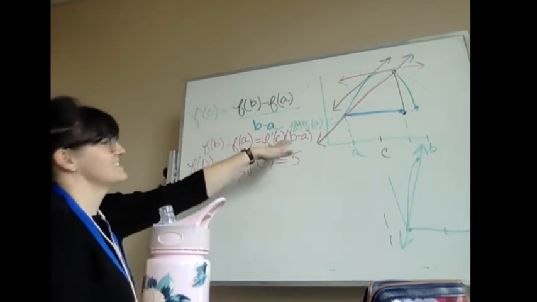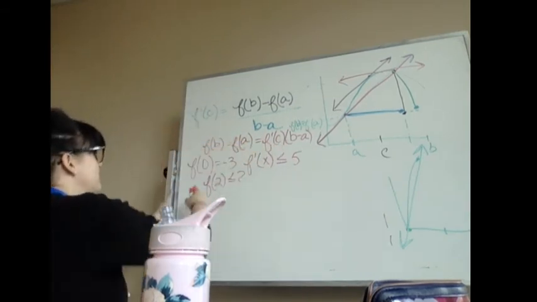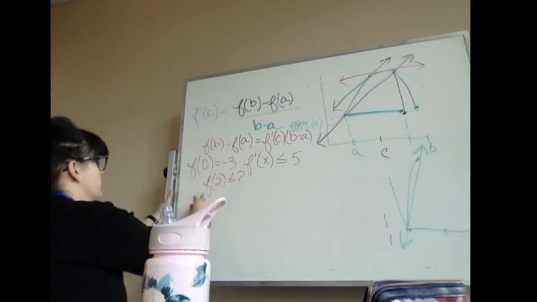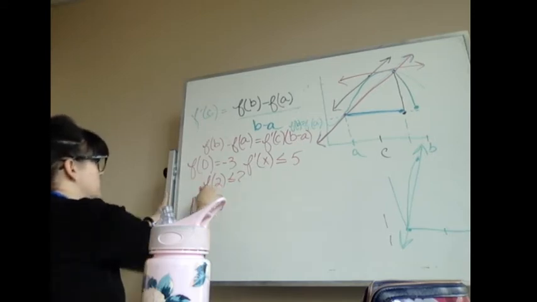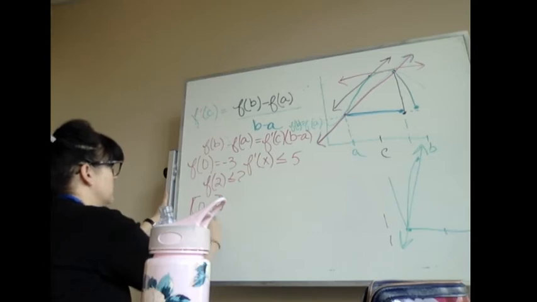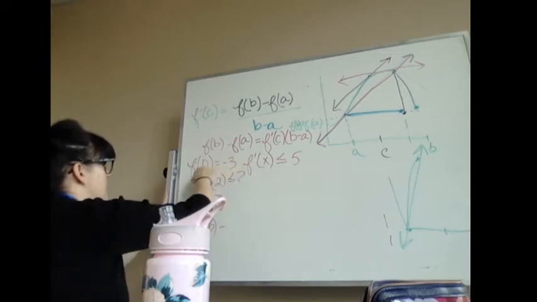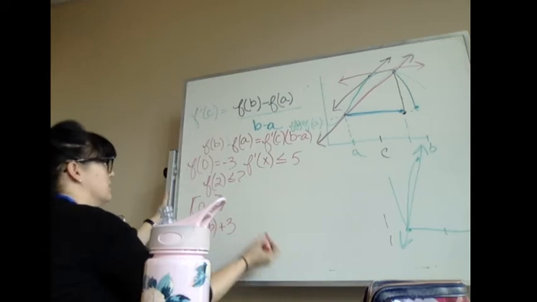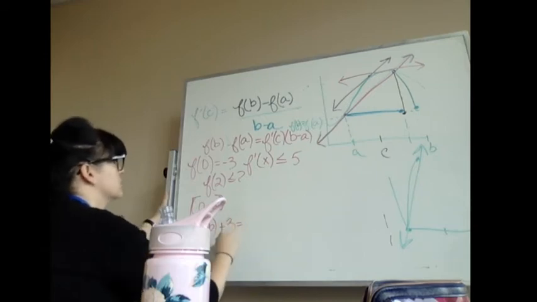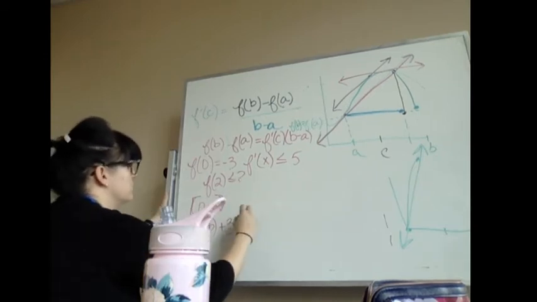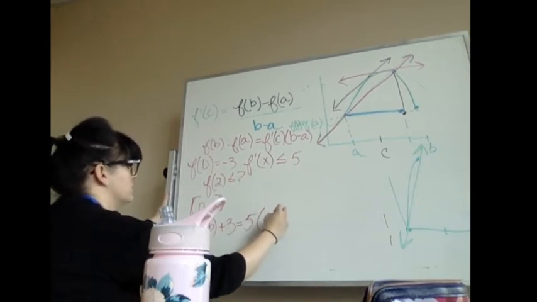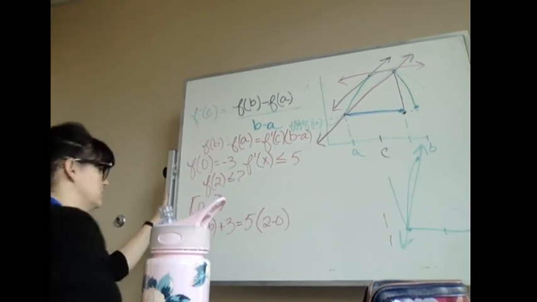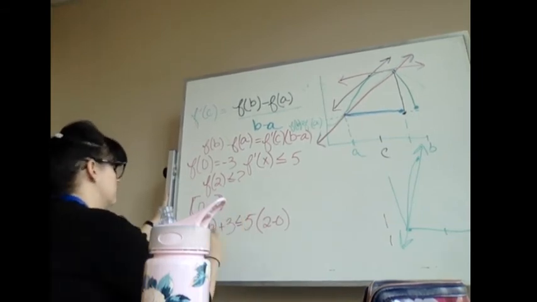So we're just going to use this. So f of b, so we know that we're looking in the interval 0, 2. So f of b, we don't know, minus f of a, which is -3, equals f prime of c, which can at most be 5, times 2 minus 0. Well, let's put, must be at least then.